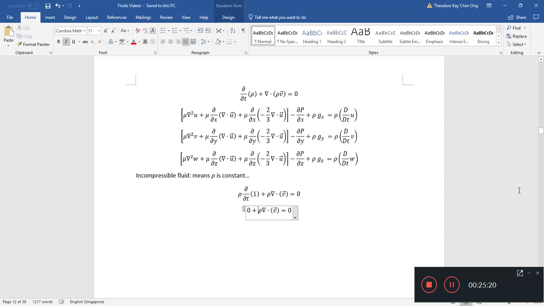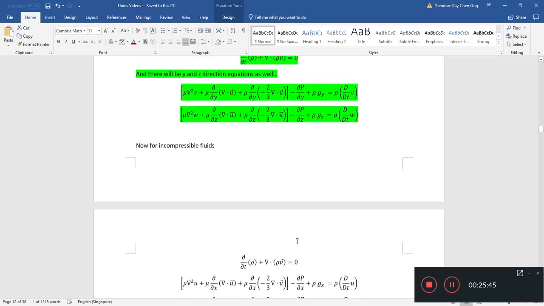So I'm just going to delete that. And then I'm going to get rid of this as well, because I'll divide both sides by density. Because density cannot be 0, so I can divide both sides by a finite number. So in the incompressible fluid, divergence of velocity is 0.